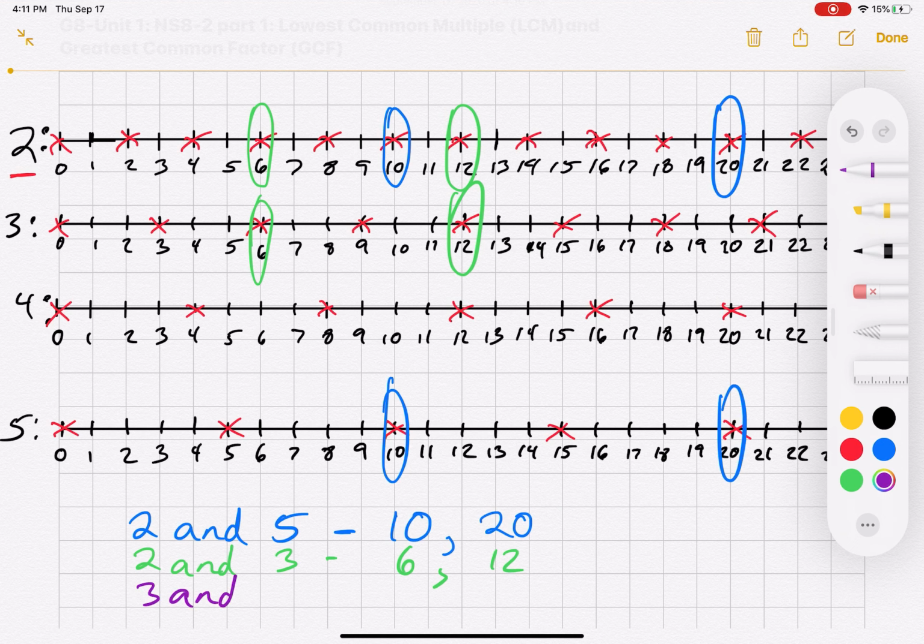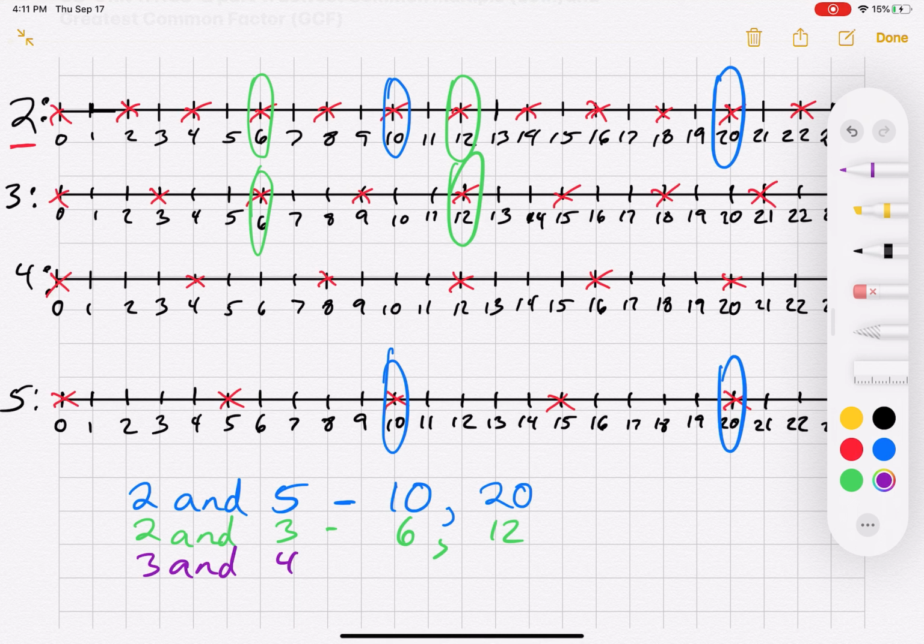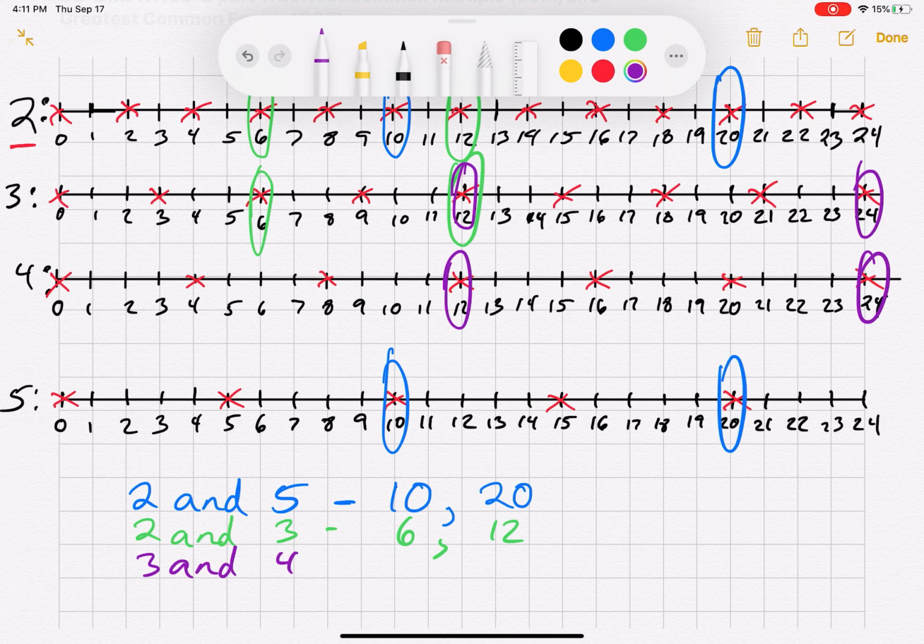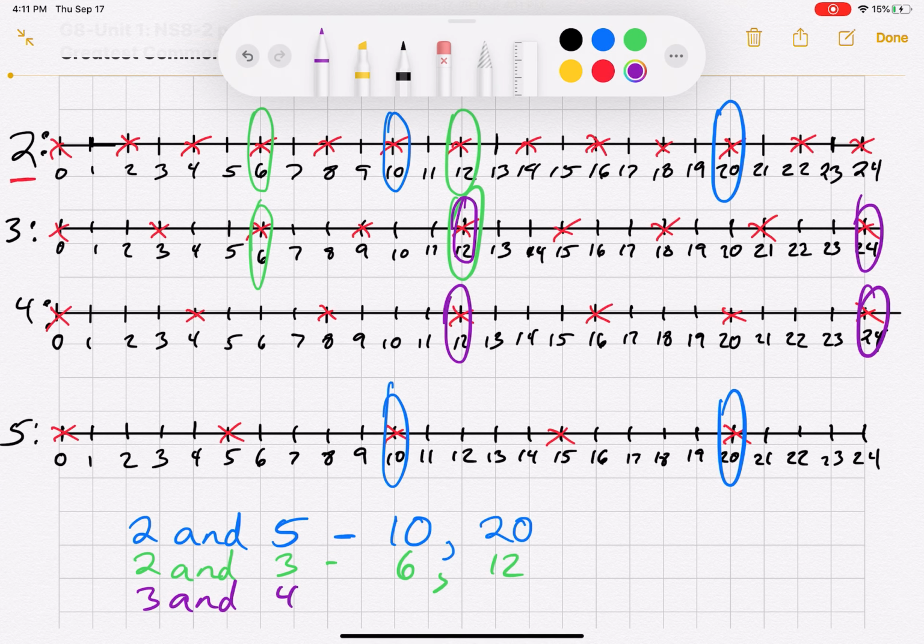Three and 4. Okay, so I'm going to go along and notice that 12 as well, and 24. Okay, so I know it is 12 and 24.